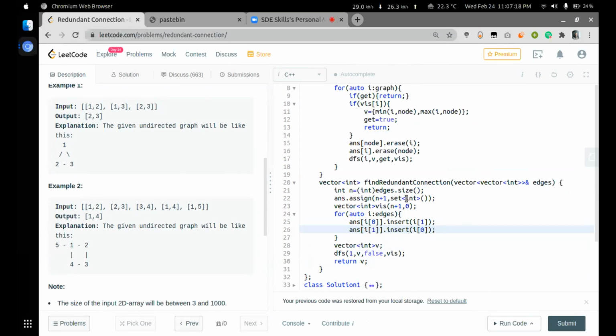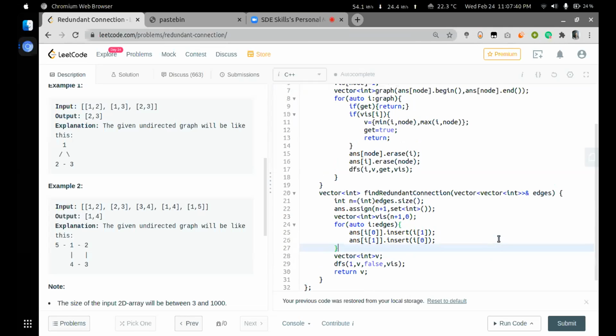But if I had used a list here, then it would take O(n) time for erasing. But again, I'm not so sure about this implementation if it is correct or not. But instead of set, if you would have used unordered set, so what would, oh, you can't. You can, right? Because unordered set will actually remain the way you are inserting.